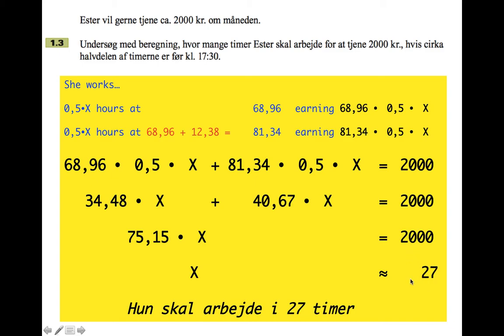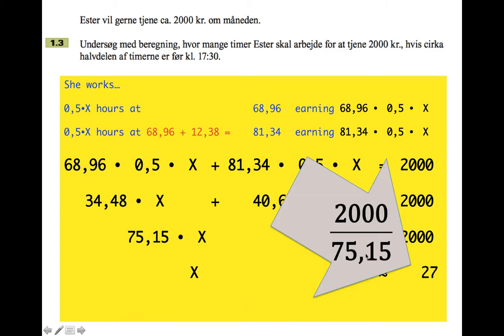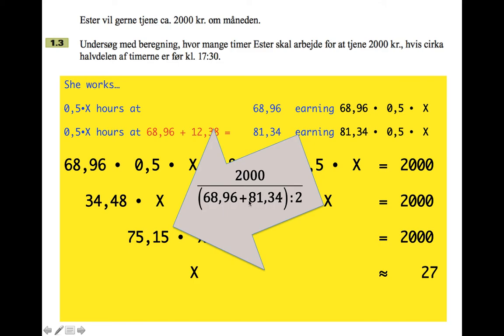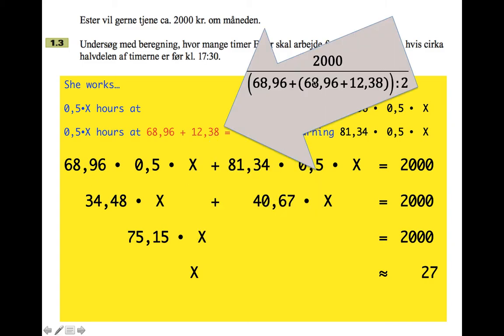I got that from taking the 2,000 and dividing it by 75.15. Where did I get the 75.15 from? Well, it was the average of the two rates of pay. So it was the two rates of pay added up divided by 2. Where did I get 81.34 from? Well, I got it from the regular rate of pay plus the bonus.